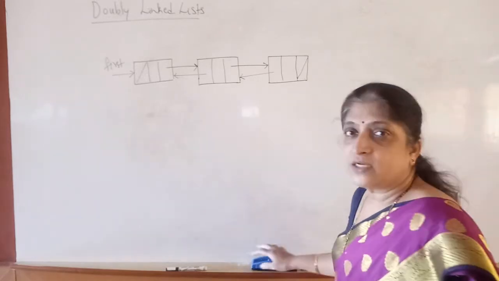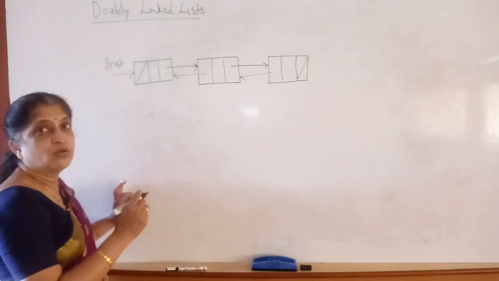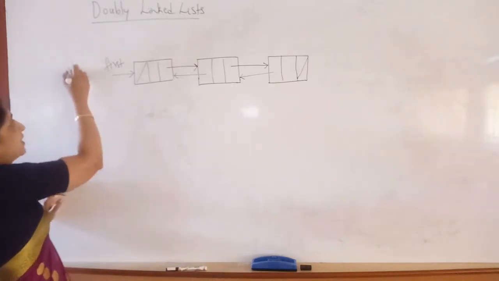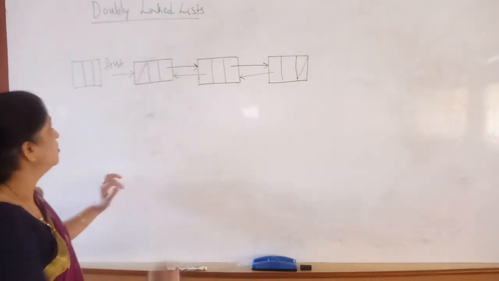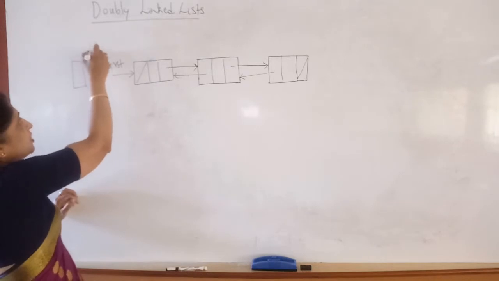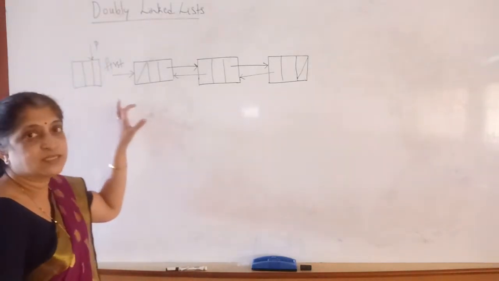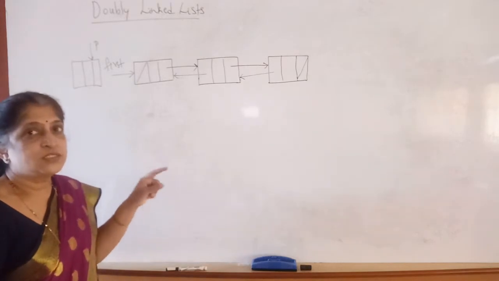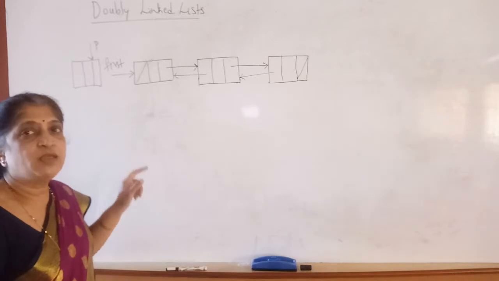Say I want to insert at the beginning of the list. Then we have to perform a get node operation. By performing the get node operation, I get the memory allocated for the new node, and let us say that there is a pointer P pointing to this node. I want to insert this as the first node. Since we know that this is going to be the first node, the left link field has to be null.